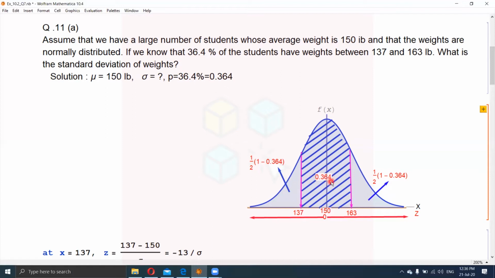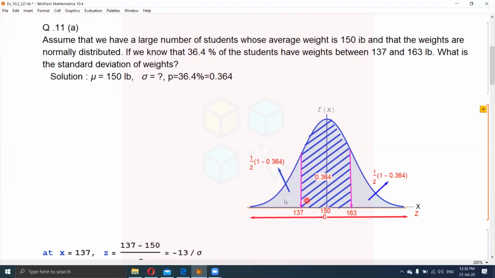0.364, and the area beyond these 2 points is obtained using 1 minus 0.364 and divided by 2. Since the whole area under the curve is 1, and if the central area is given as 0.364, then from subtracting it from 1, we can get the sum of these two extreme areas, the left tail and the right tail.